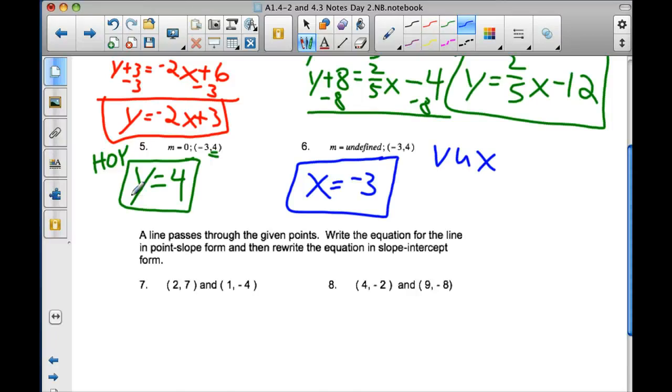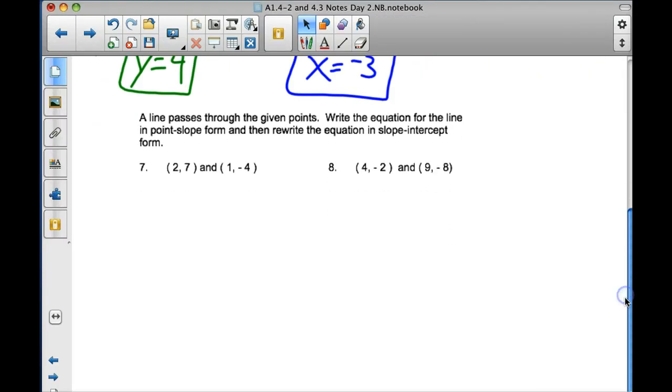Now, read the directions. You're given 2 points. Write the equation for the line in point-slope form. You have to do that first. There's no way to get to slope-intercept form right off the bat, and then rewrite it in slope-intercept form.